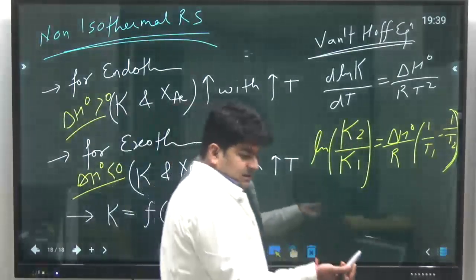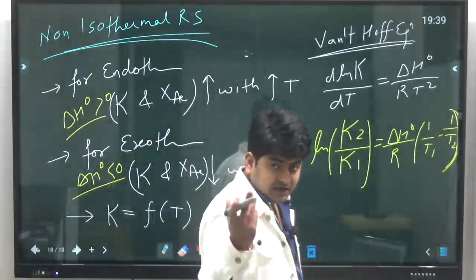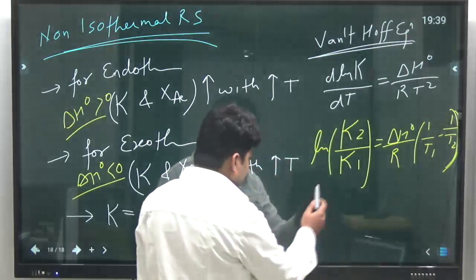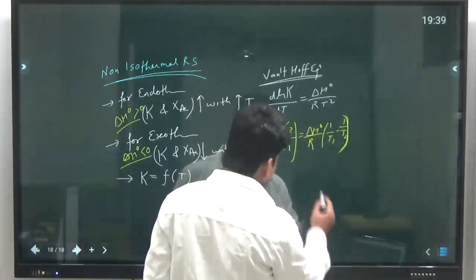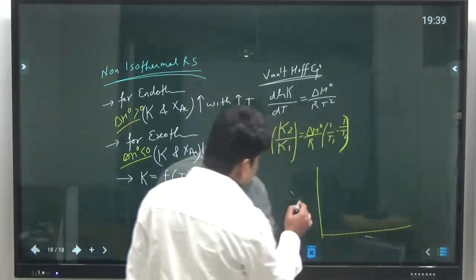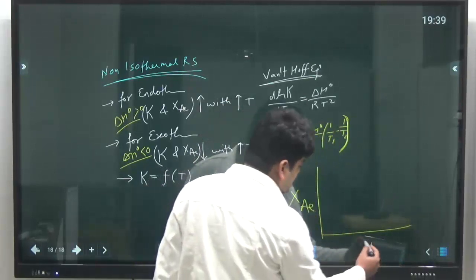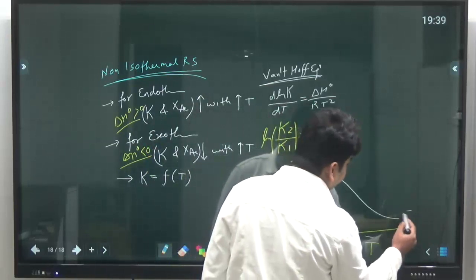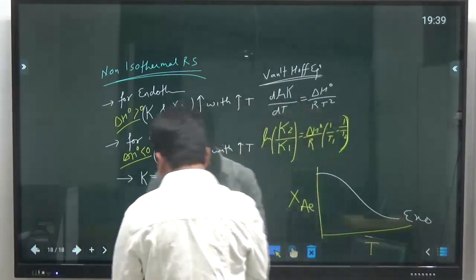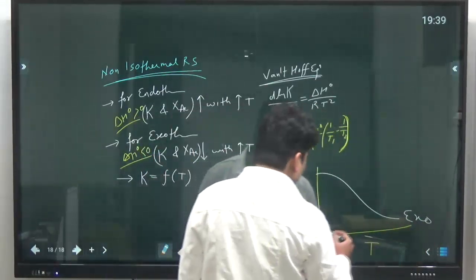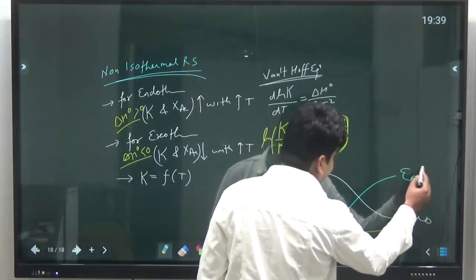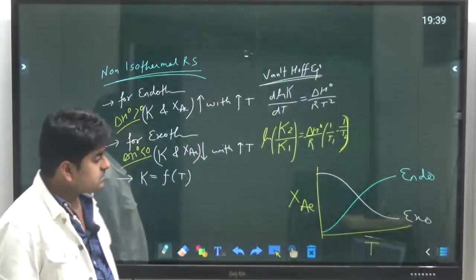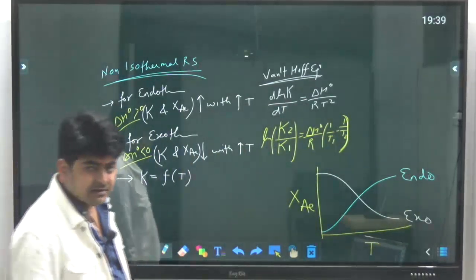Okay, and if you try to relate equilibrium relation, if you try to draw a curve between equilibrium conversion and temperature, that curve will be something like this. For exothermic reaction, for endothermic reaction. Okay, increasing, decreasing.